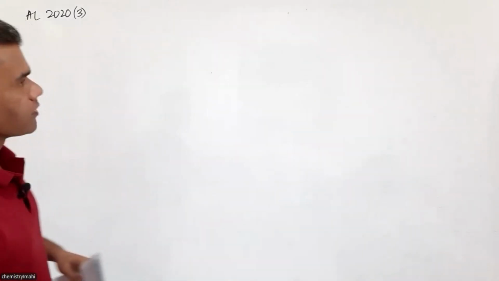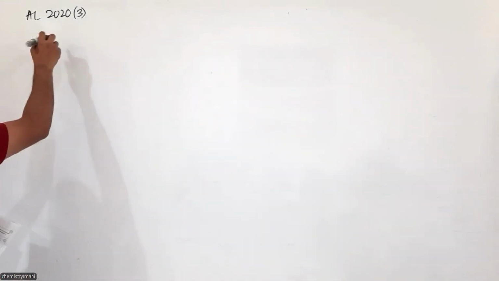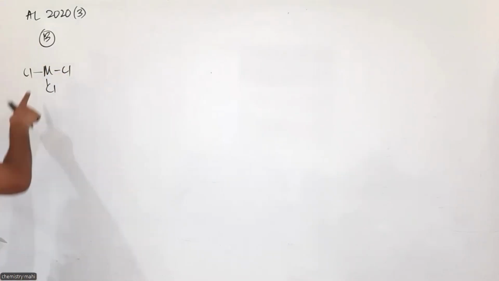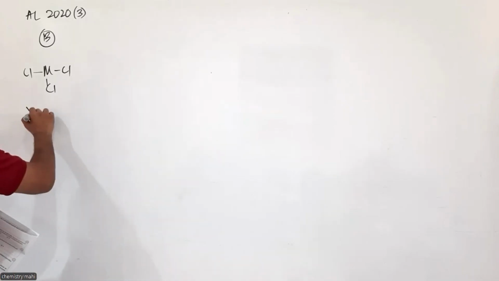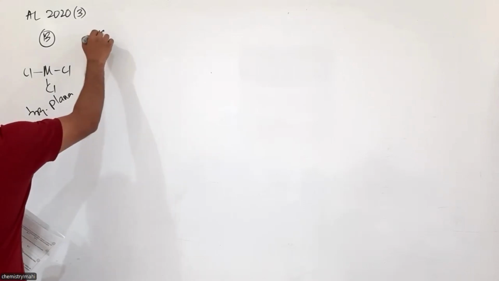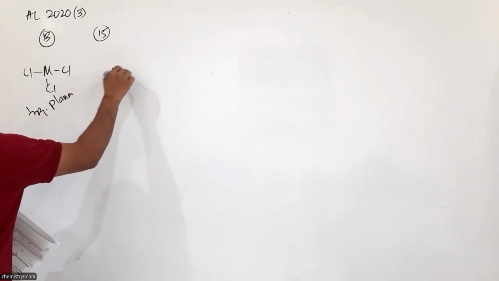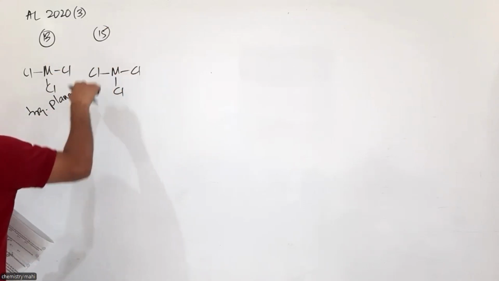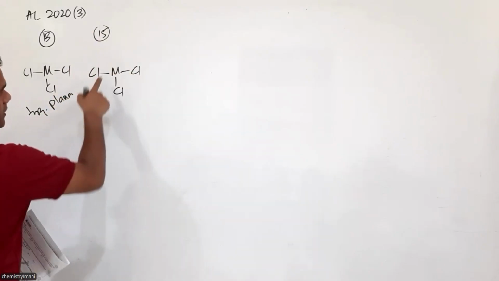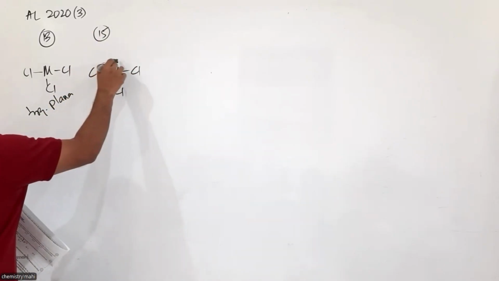Let's consider all the possibilities. If it is a group 13 element, MCl3 is like this. 3 bonds are available, there is no lone pair. Shape is trigonal planar. If it is group 15, it forms MCl3 like this, but M is group 15. There are 5 valence electrons, 3 used in bonding, so there should be 1 more pair.